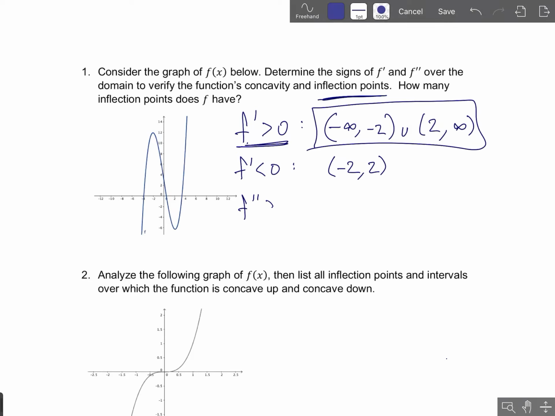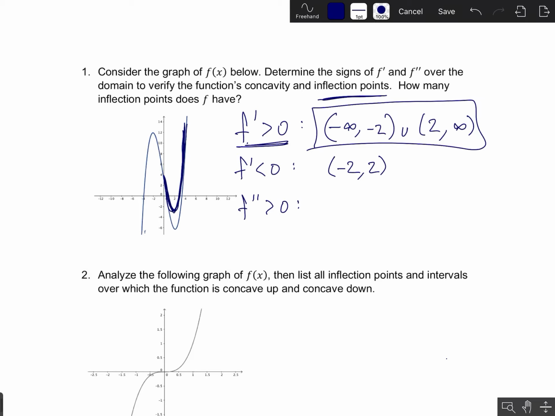Okay, and then we can do the same thing for f double prime, but remember that for f double prime, we're looking at the concavity of this function f, and f double prime will be positive if you're looking at some portion of the graph where you're concave up. And it looks to me like this portion of the graph is the concave up portion.